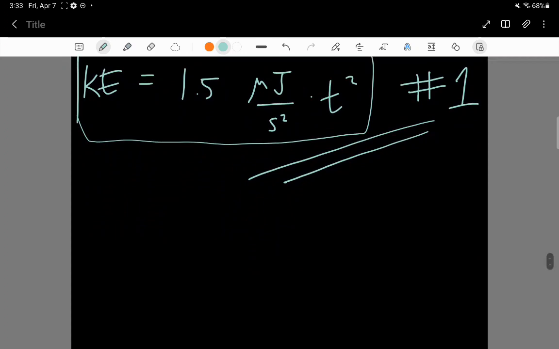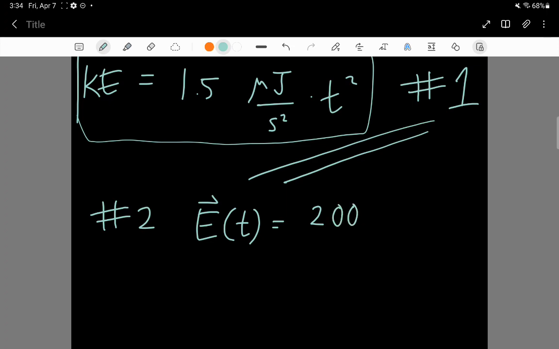Scenario number 2 is just only slightly more complicated because the electric field is not constant in time. It actually depends on time. And if you go and you look at the expression for the electric field as a function of time, so let me put electric field as a function of time, it's equal to 2,000 newtons per coulomb second times time, right?